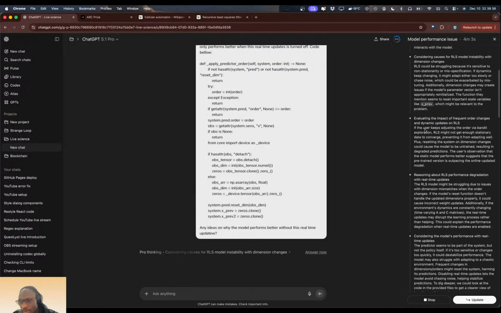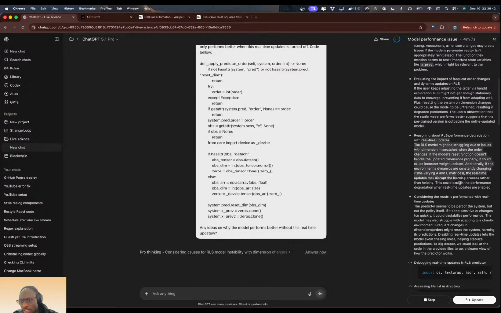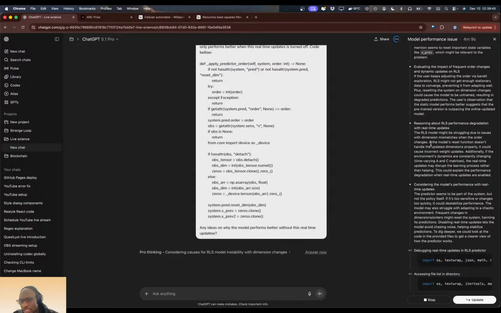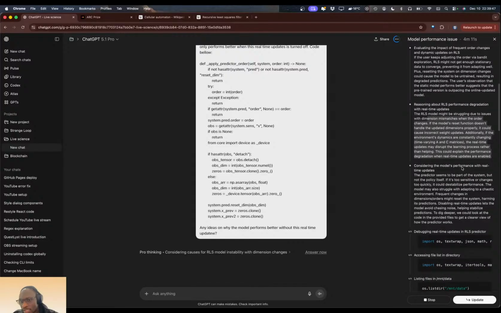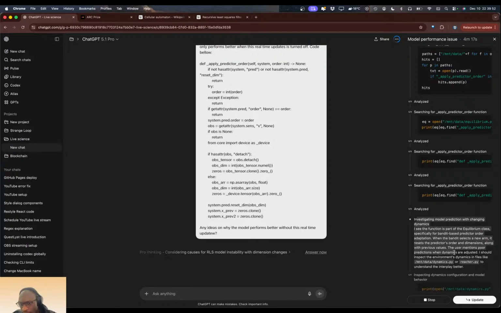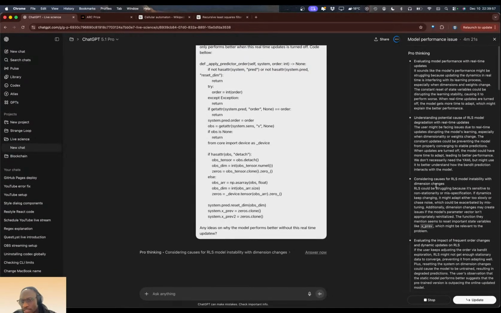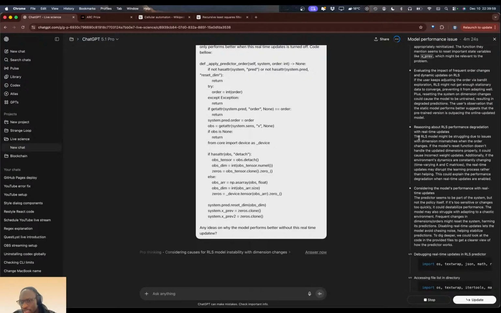What else are you thinking about? Evaluating the impact of frequent order changes and dynamic updates. Investigating model will change dynamics. But yeah, the first thoughts were interesting. The RL model might be struggling due to issues with dimension mismatch when the order changes. Oh, I see. That might be true or not.